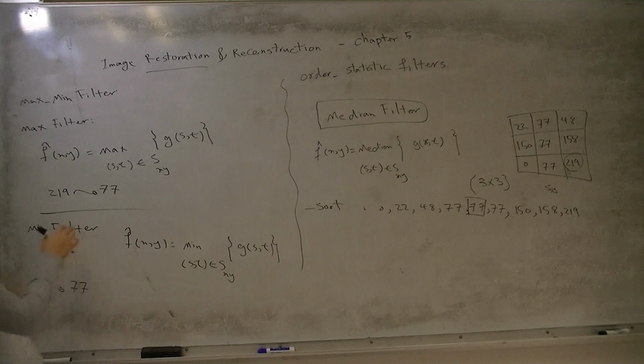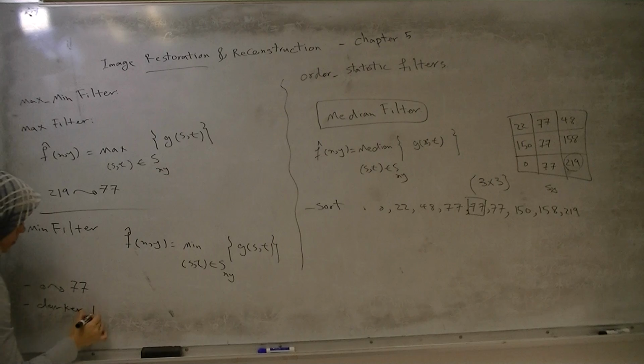So this one is exactly the opposite of the max filter, it works opposite of the max filter. So we have more darker pixels in the image after applying these filters.